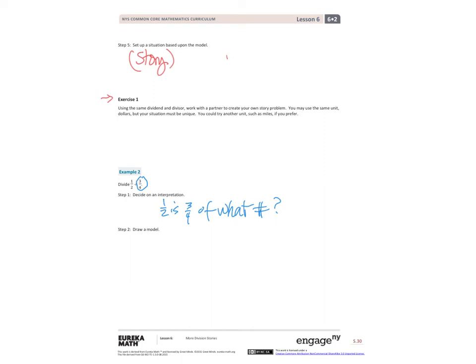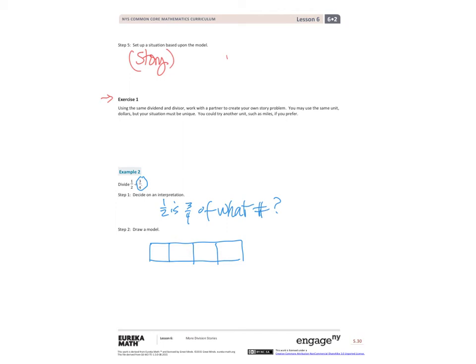So we're going to draw a tape diagram. I know when I look at that denominator, the bottom number, that tells me what to chop this up into. I'm going to chop it up into 4 pieces. Then it says 1/2. 1/2 is 3/4.